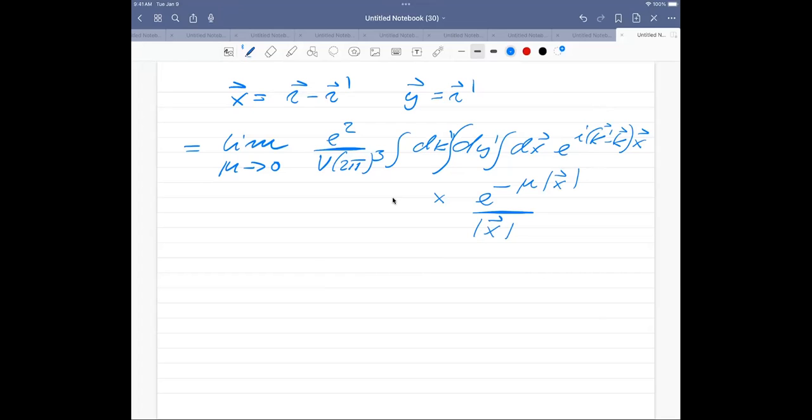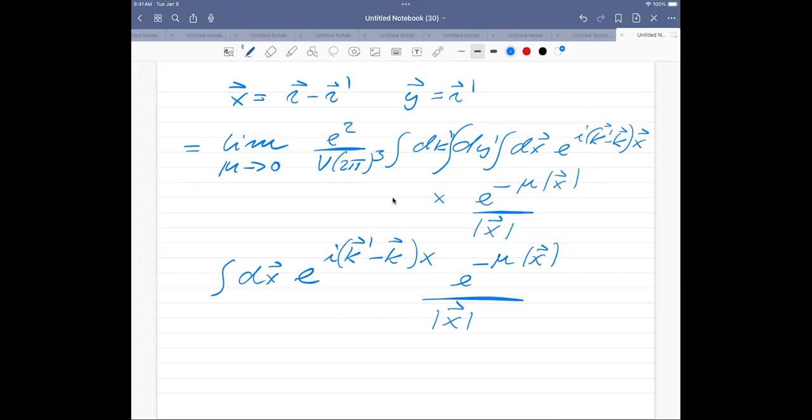Now, if I look at the last integral, let's take a look at that one, because this is something we can rewrite now. I have e^{i(k'−k)·x} multiplied with the convergence factor and divided by this x.